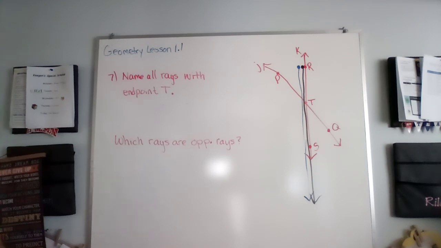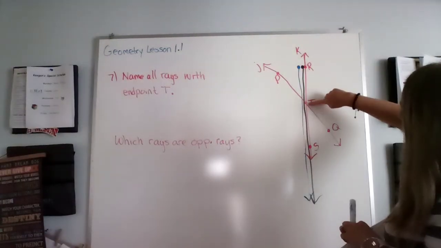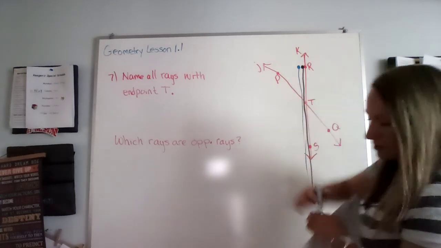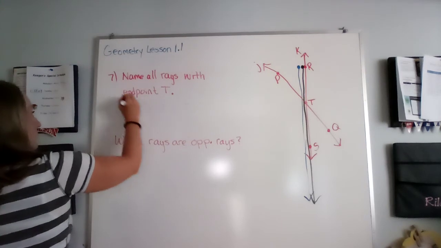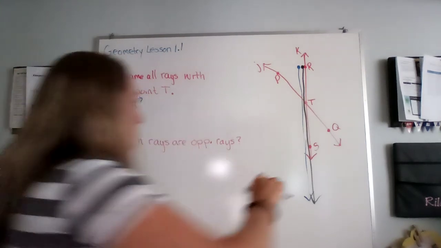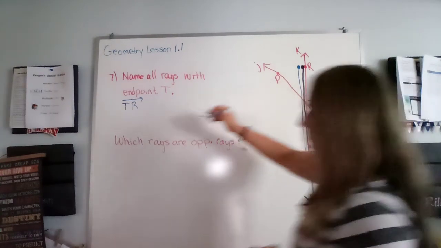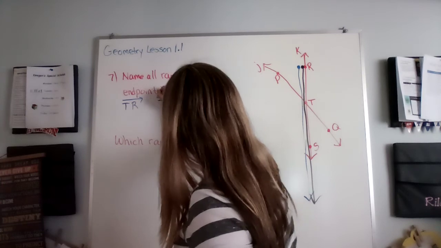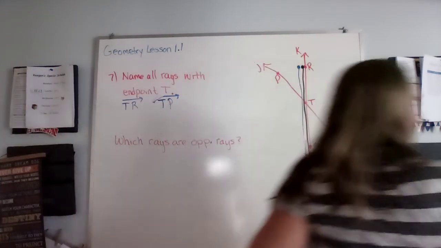If the endpoint is T, that means you have to start at point T. So starting at T, you could go this way forever and name ray TR. So I'll write that one down. That's one ray. Start at T and go this way, so TP would be another ray. Oh, I drew a line instead of a ray, excuse me.